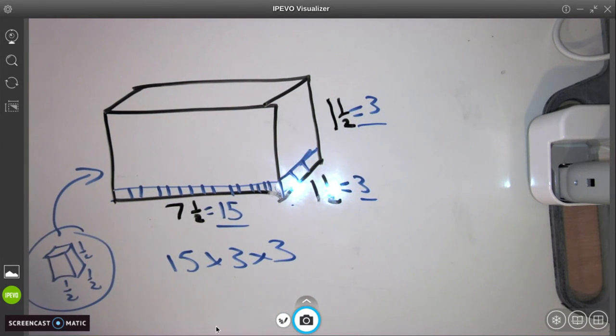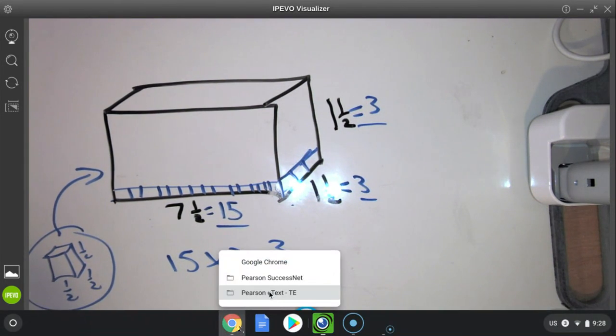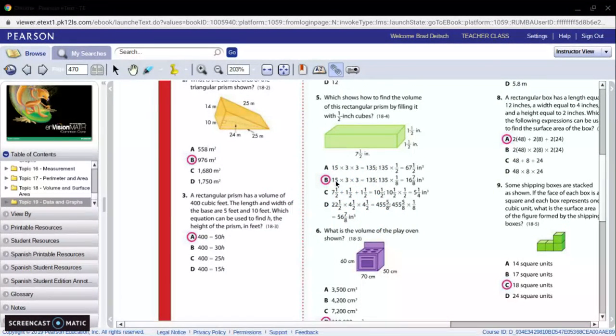So now let me go back to the textbook page here. If you look here, that's how they got the first part, 15 times 3 times 3. The other thing they have is 135 times 1/8. This part's confusing, so I'm just going to leave it as just know how to solve this first problem: finding the length times the width times the height.